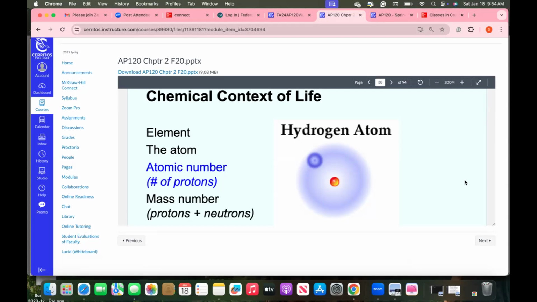The mass number is the protons plus the neutrons. So atomic number is different than mass number. Atomic number is just how many positive units you have, how many protons there are. The mass number is the protons plus the neutrons together, because they're not always the same.